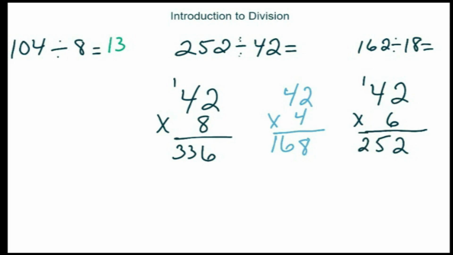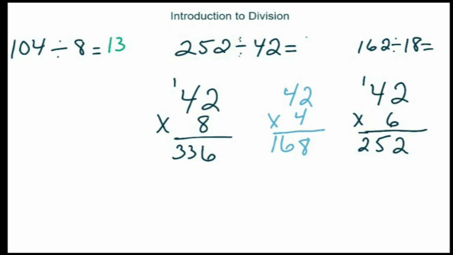Okay, so 42 times 6 is 252. So 6 is the number we're looking for. Six is our answer. Multiplying 6 by 42 gave us 252.